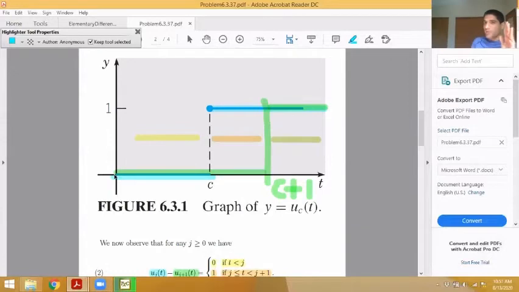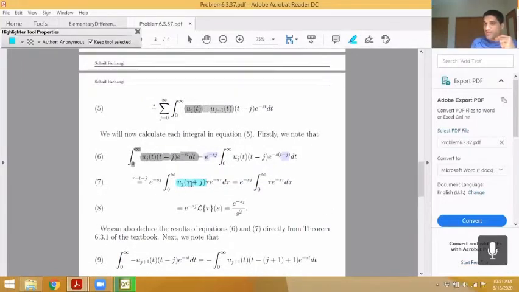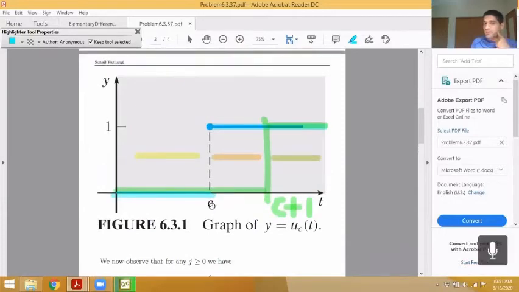Now, when tau is 0, that's the very beginning, I add j to it, or in this case, c. Down there, I had uj, tau plus j. And since this picture has uc, I'm just going to say tau plus c.